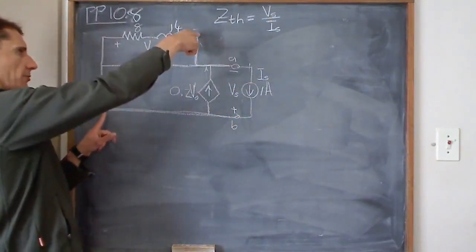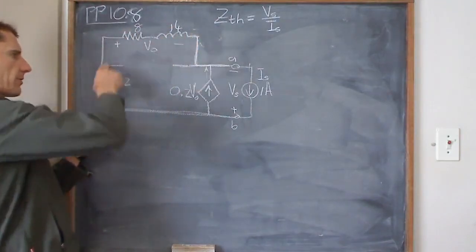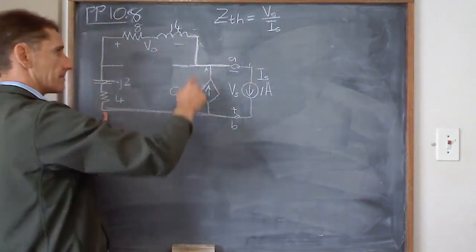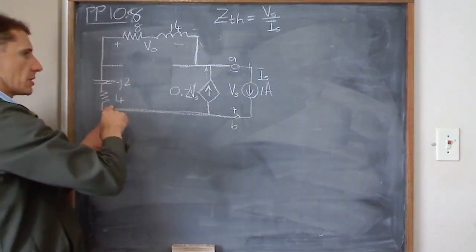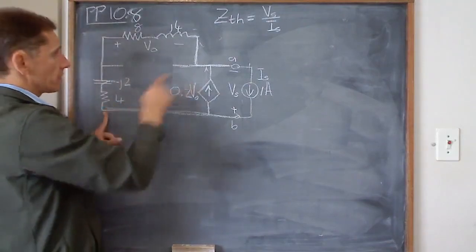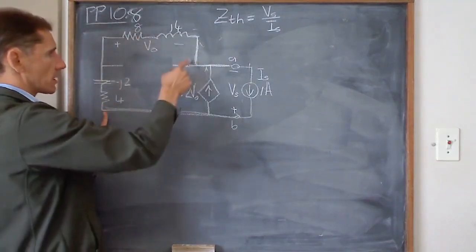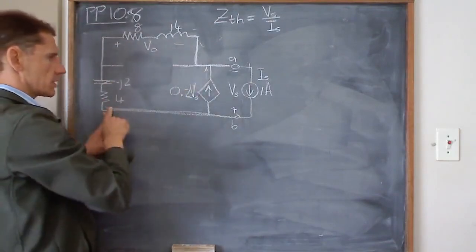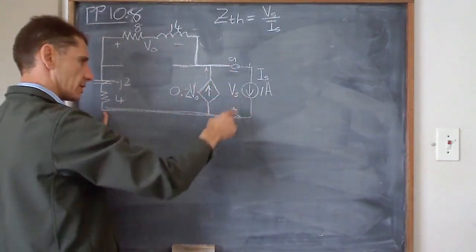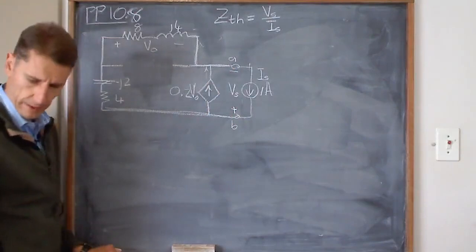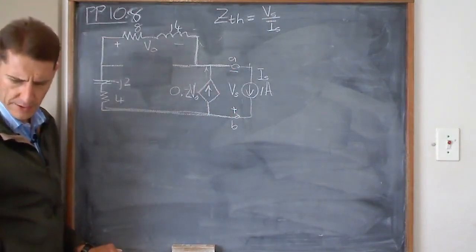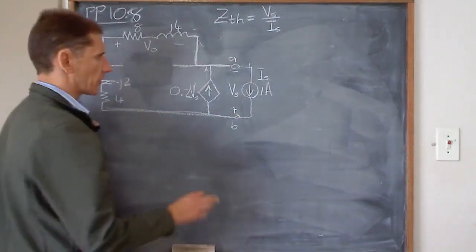So if I can figure out the current flowing through this branch, I can get the voltage across this branch, which will be the voltage that I'm looking for.